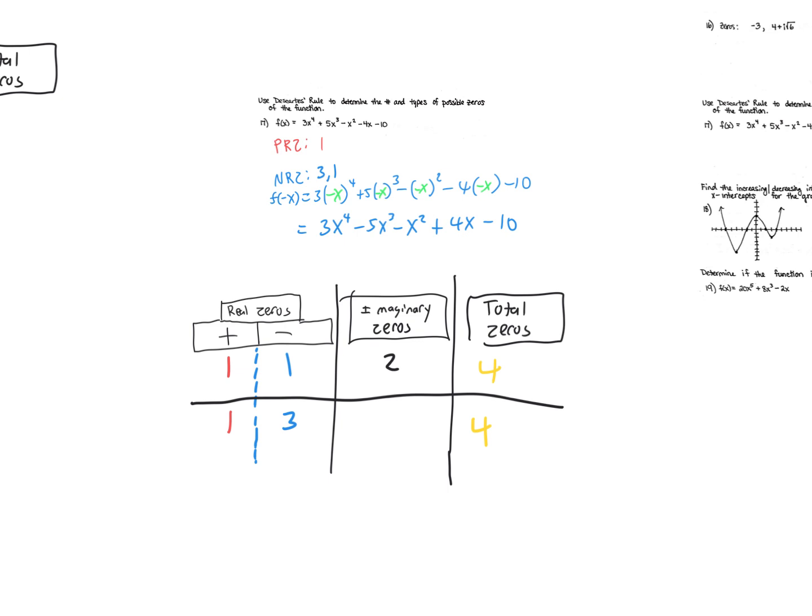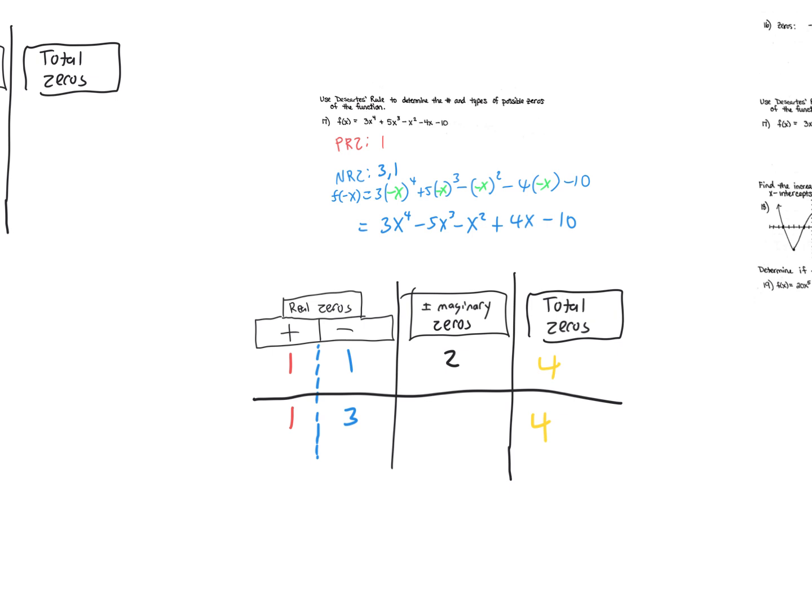So I'm liking that. These run through all the possibilities of how many real zeros you might have. Okay, so hopefully my student watching understands that. So this is one possibility of what the zeros could be, and this is another possibility.